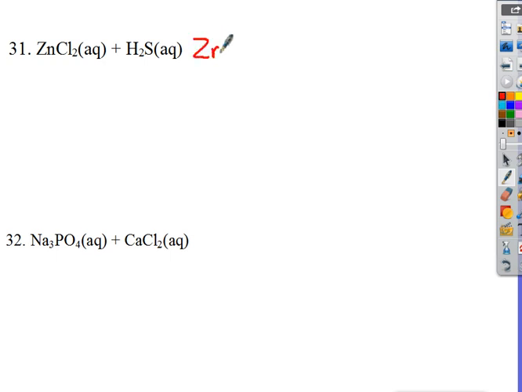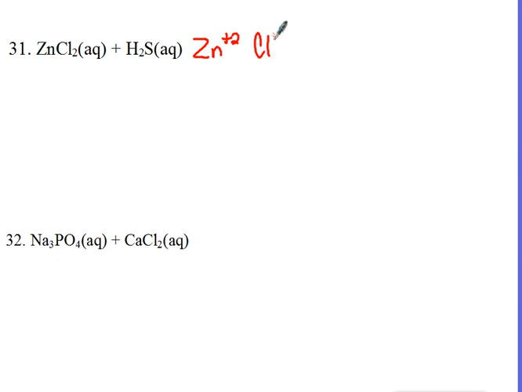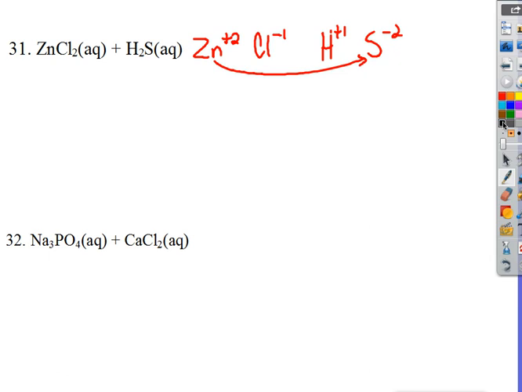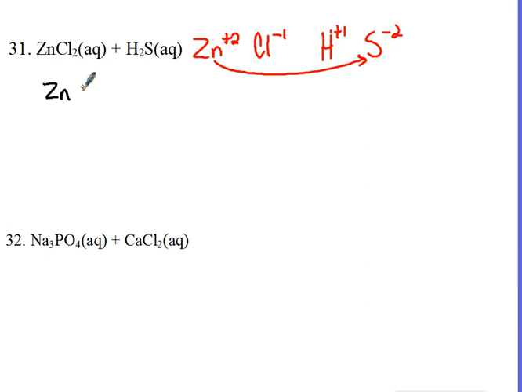My ions are zinc with a +2, chlorine with a -1, hydrogen with a +1, and sulfur with a -2. Zinc is going to go with sulfur. That gives me ZnS. H goes with chlorine to give me HCl. Chlorides are always soluble, except for when they're with silver, lead, and mercury.